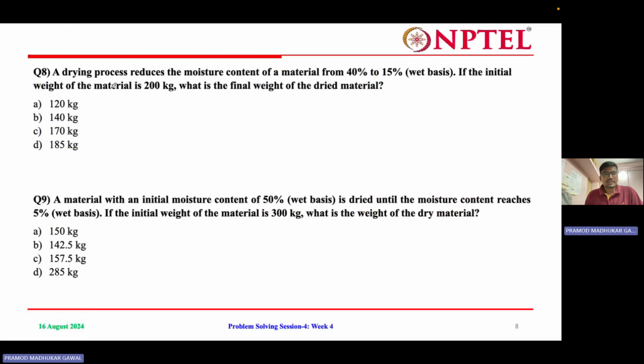Question: in a drying process, the moisture content of a material is reduced from 40% to 15% on a weight basis. If the initial weight of the material is 200 kg, what is the final weight of the dried material? Here the moisture content is given on a weight basis, so we have to calculate the final weight of the dried material.